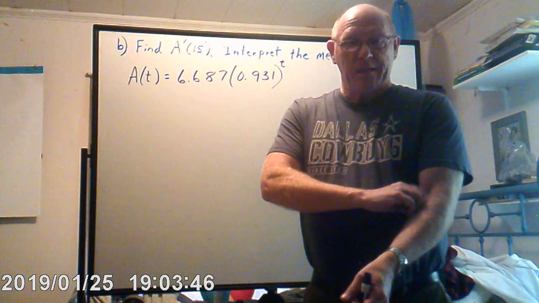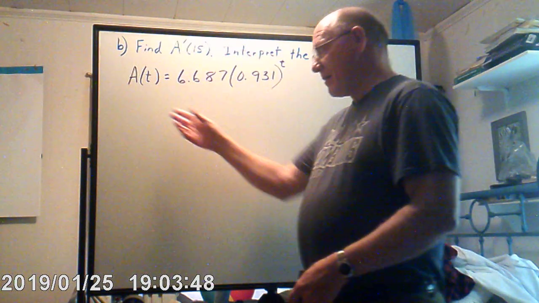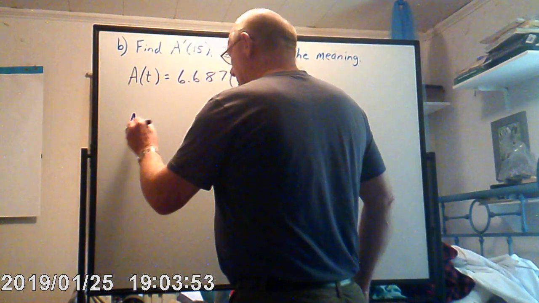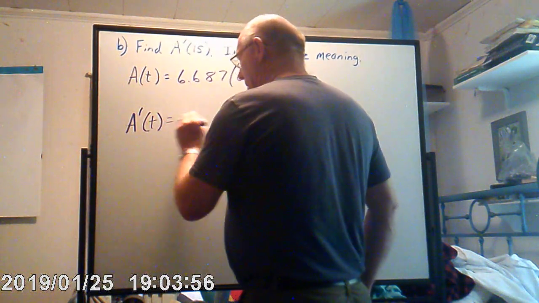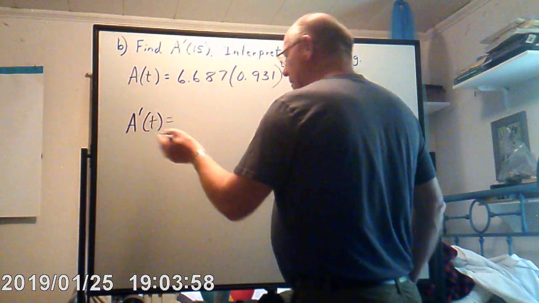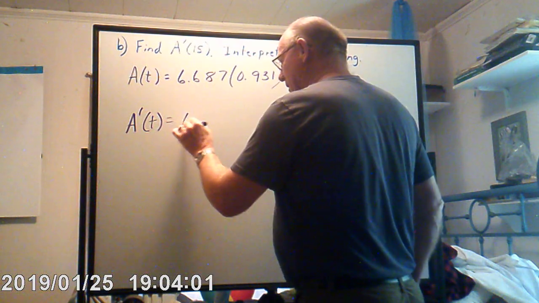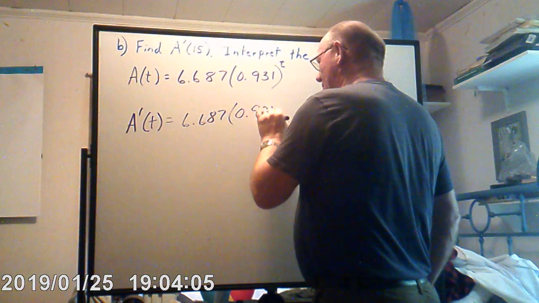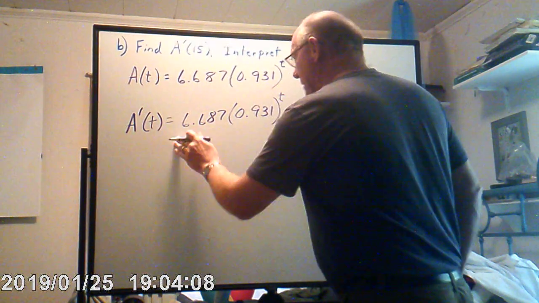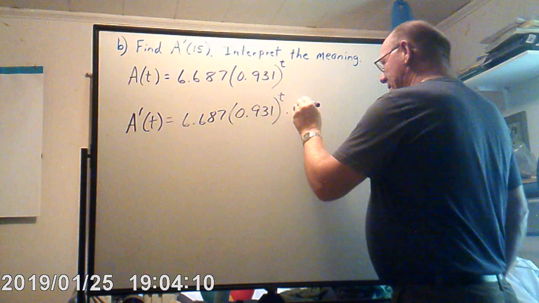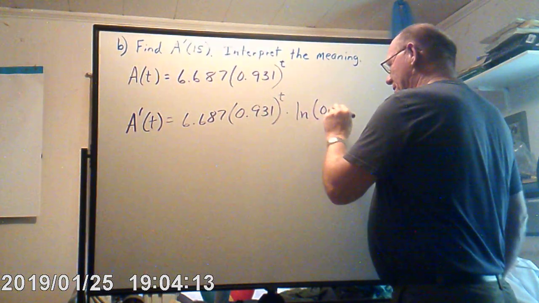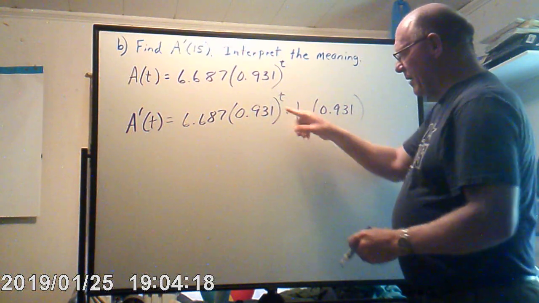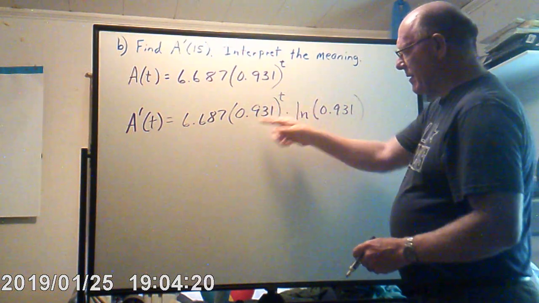If you don't know the antiderivative of this, just telling you, if you can memorize it, the derivative is simply A at T times ln of 0.931, ln of what's underneath here.